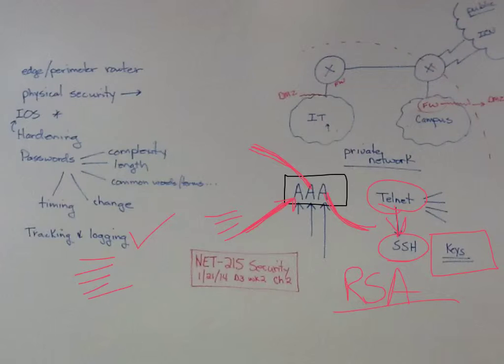Then we looked at some pictures. We have our IT area, and we talked about the term DMZ. We don't have a real formal DMZ, but we have an IT area in which we have our servers and our networks and our rooms and our stuff, and then we have an edge router. This is the edge to the IT area.